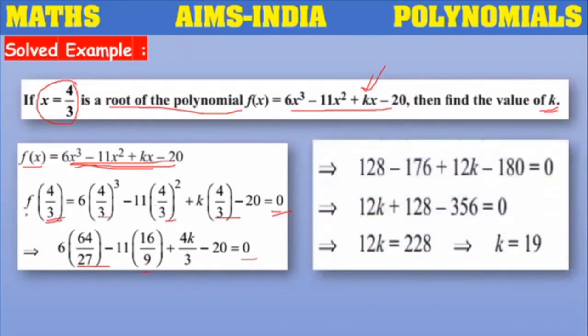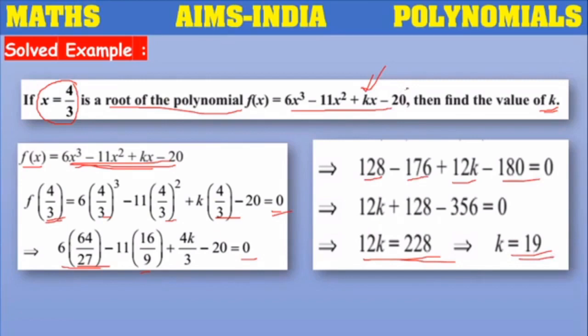After simplification, the first term will become 128, the second term will become 176, the third term will become 12k, and the fourth term, after taking LCM and multiplying, will become 180. Further simplifying, 12k will be 228, so k is 19.